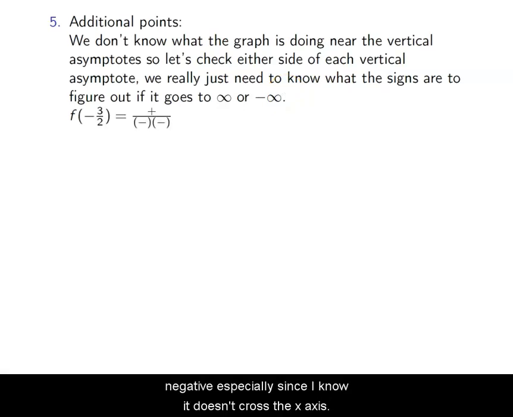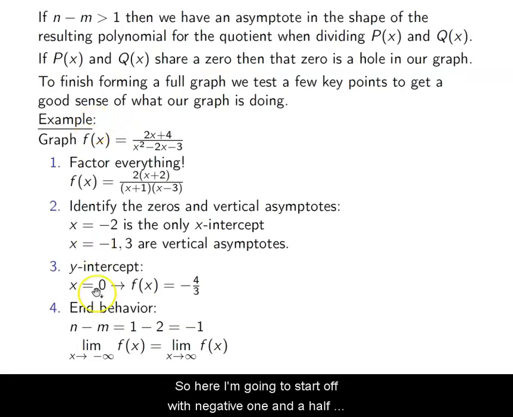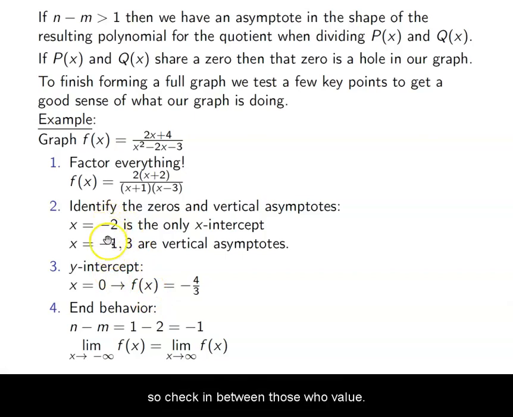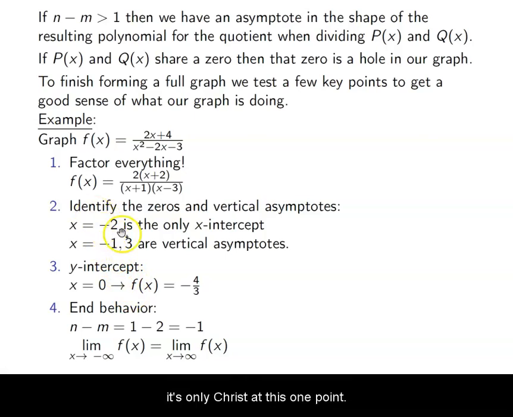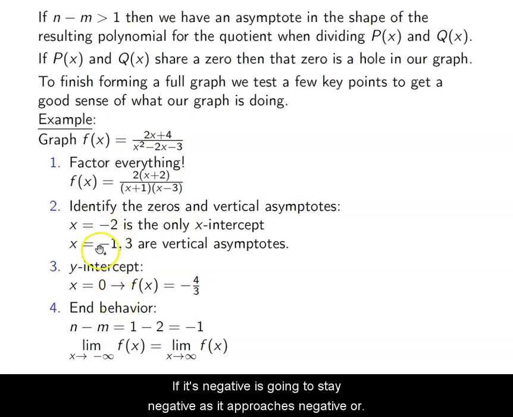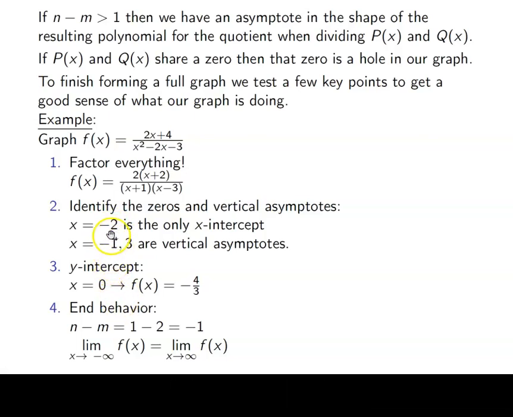Okay. So here I'm going to start off with -1.5 because -1.5 is in between my 0 and my asymptote. So checking between those two values, if it's negative, well, it's not going to cross again because it's only crossed at this one point, right? Now, if it's negative, it's going to stay negative as it approaches -1, right?